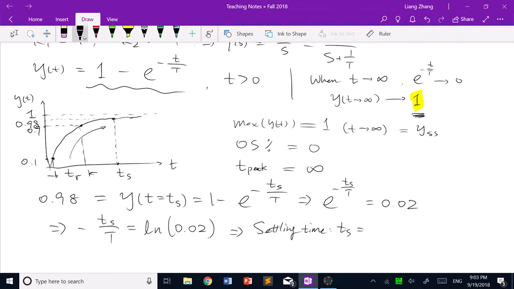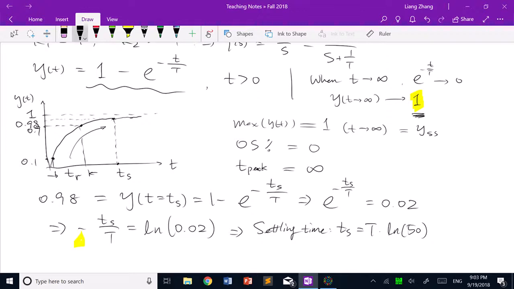So it means your settling time of the system to a unit step input signal will be ts equals T times logarithm of 50, since 0.02 is 1 divided by 50, and we want to take care of this negative sign here. And the best way is to take the reciprocal, so 0.02 will become 50. Okay? And you see the negative sign disappear.